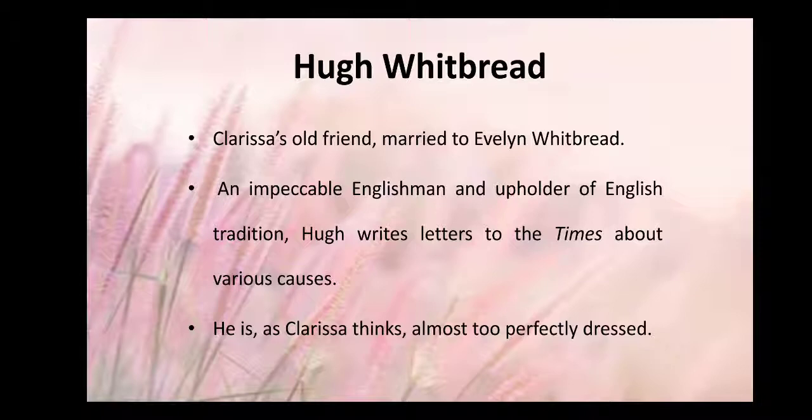Impeccable means we find him a perfect gentleman with good manners and a very good personality, a proper traditional English gentleman. He is, as Clarissa thinks, almost too perfectly dressed. So he's one character who makes Clarissa feel very young and insecure also, because he himself is so immaculately dressed like a gentleman.